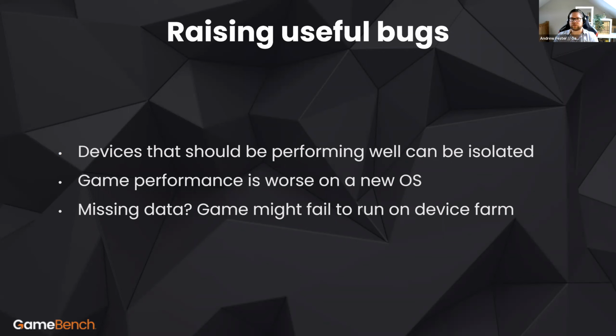Now, there's always going to be that aspect of playing a game where the user experience can be marked as unplayable, and then you'll know that that device is unplayable. It's all dependent on the nature of your game where you put that line.